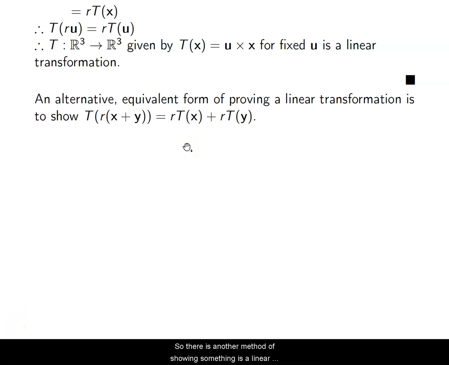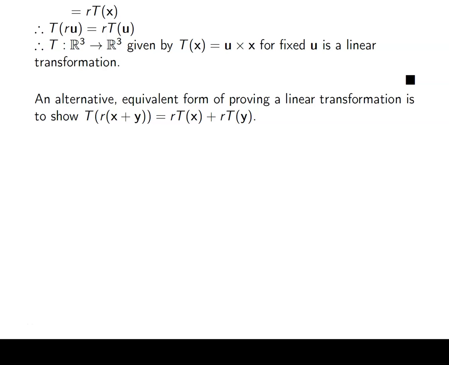Right, so there is another method of showing something as a linear transformation. It's actually much, much easier. So obviously I need to show you the correct way first before I show you a shortcut, because you're not going to understand the shortcut if you don't understand what it is that you're doing in general.